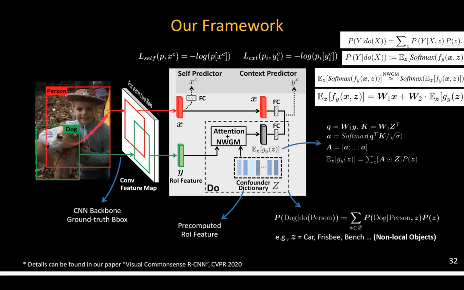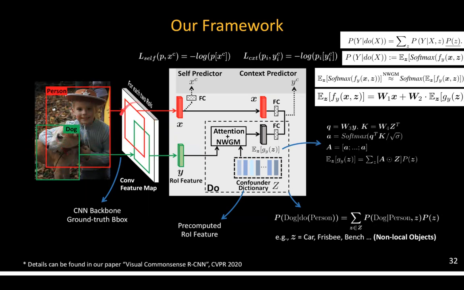Here, suppose we have an image, and they first use some state-of-the-art object detection model like R-CNN or Fast R-CNN to get the object.